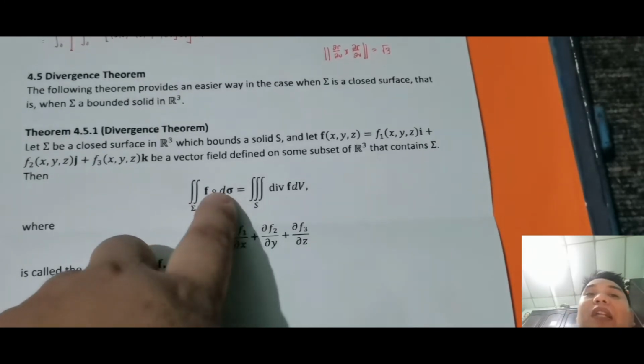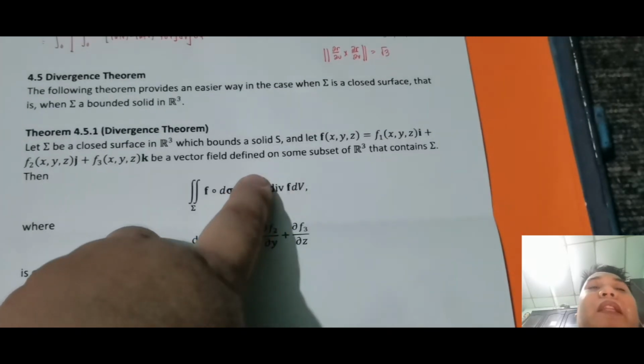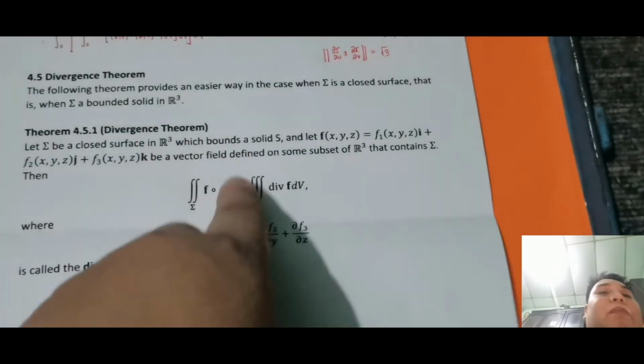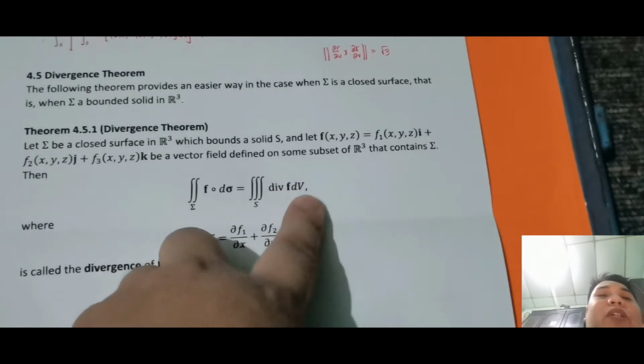Syempre, instead na gawin natin ganoon kasi hindi natin alam yung sigma na yan, ang gagawin ko lang is just simply equals sa triple integral ng divergence of F dV. Again, that is triple integral divergence of F dV. So, ano yung divergence of F?